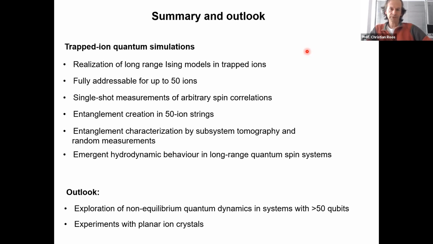I see. I also had a question myself connected to the coupling between the ions. When you were showing in the beginning how to realize the Ising model in a linear configuration, one of the restrictions that I think you mentioned is that you have this power law for the couplings between the different ions, but you also mentioned that if you consider a transverse field Ising model, then the interactions that you can attain are always smaller than the transverse field.